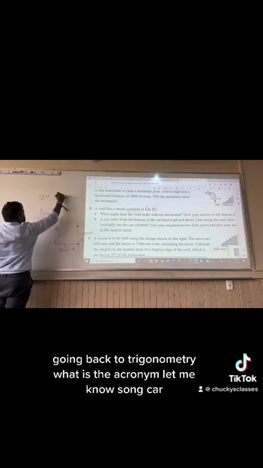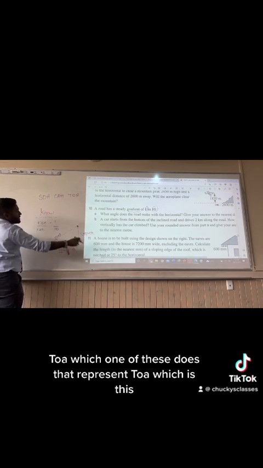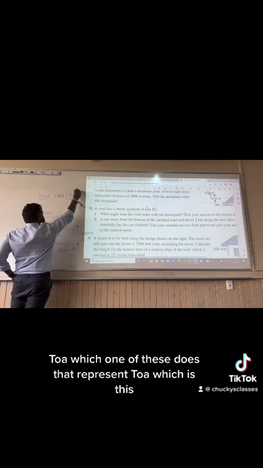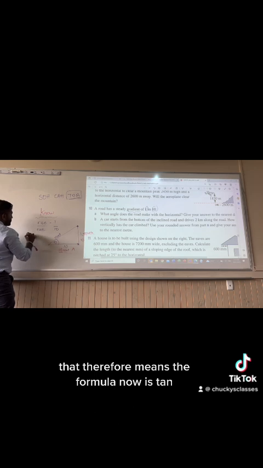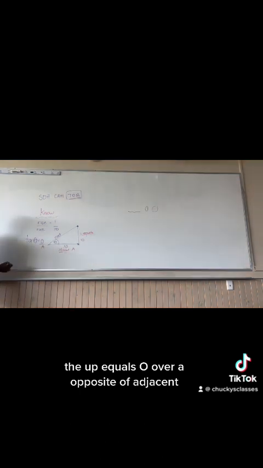SOH CAH TOA. Which one of these does that represent? TOA, which is this. That therefore means the formula now is tan theta equals O over A, opposite over adjacent.